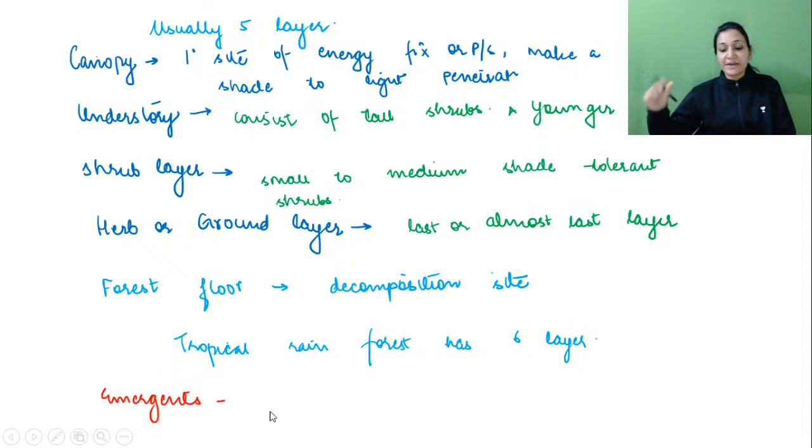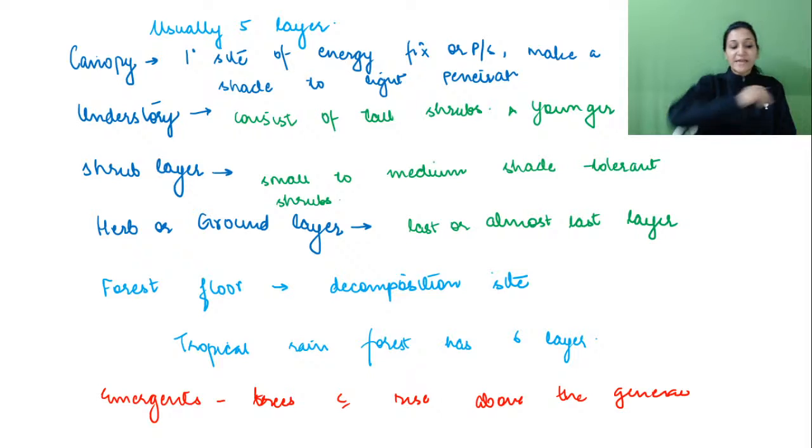Emergence are trees that rise above the general canopy. So there will be a whole canopy layer, and above the canopy layer, those trees which are present are called emergence.